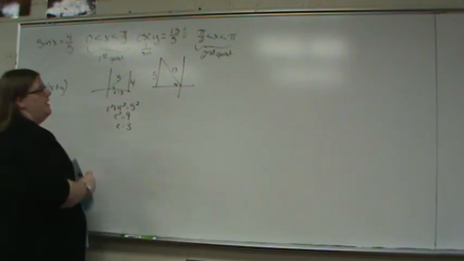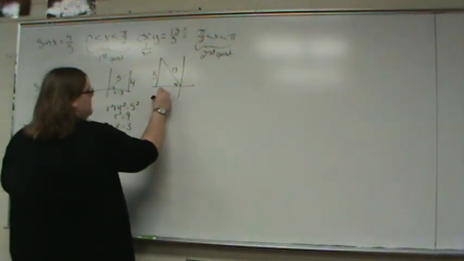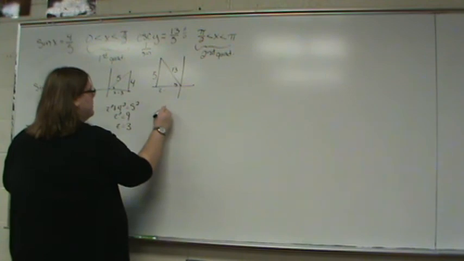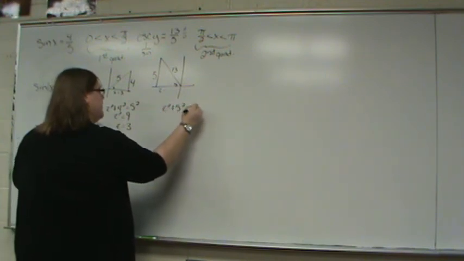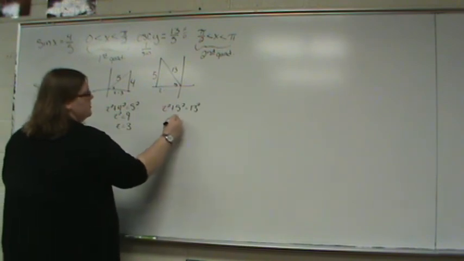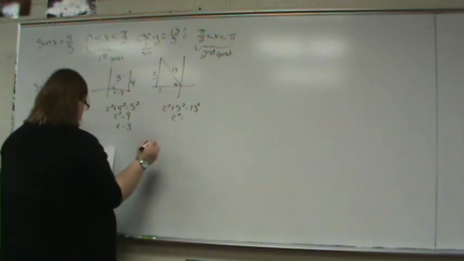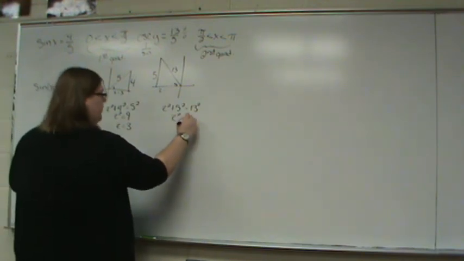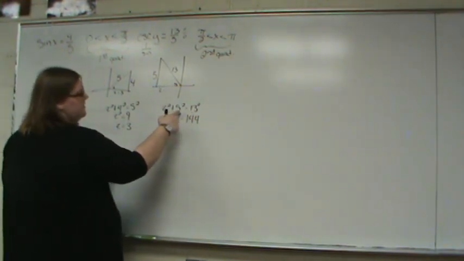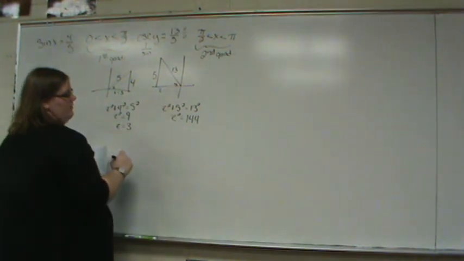So again, we want to find that third side. We'll call it z again. So this time we have z squared plus 5 squared equals 13 squared. So we end up with z squared equals 144. We have 169 minus 25.